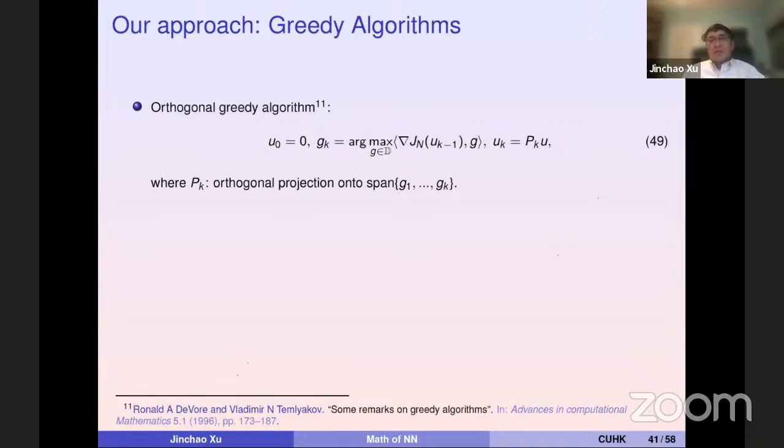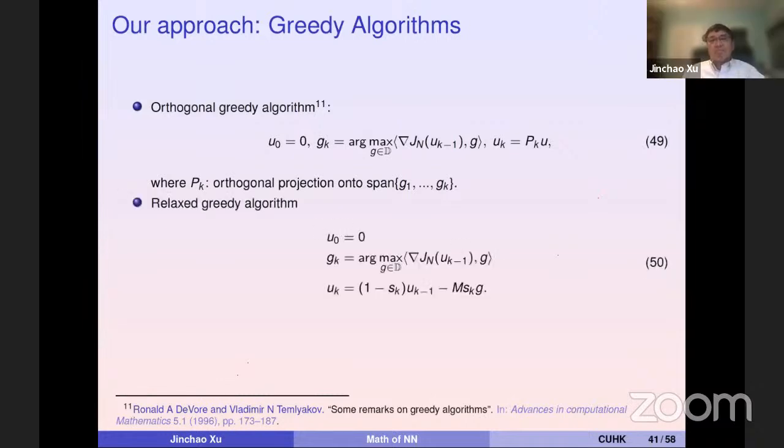So there's something called a greedy algorithm, and the greedy algorithm is that every time you add one neuron in there, you do the max problem. This has to do with the dimension of the dictionary. It's still an optimization problem to solve. In a two-dimensional PDE, it's a two-variable function optimization problem.